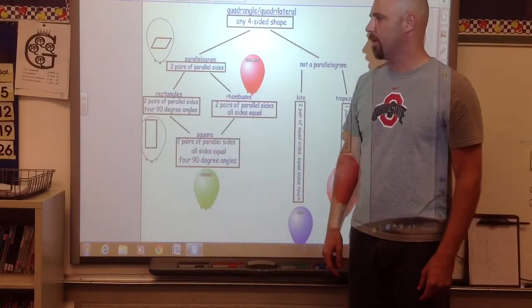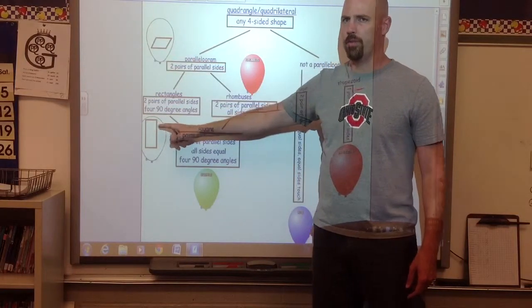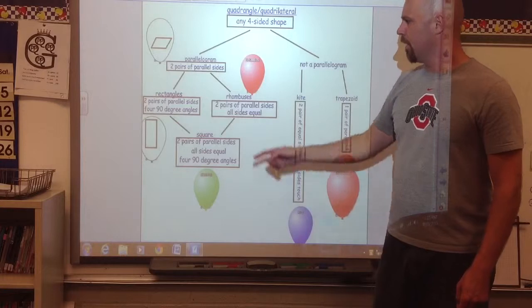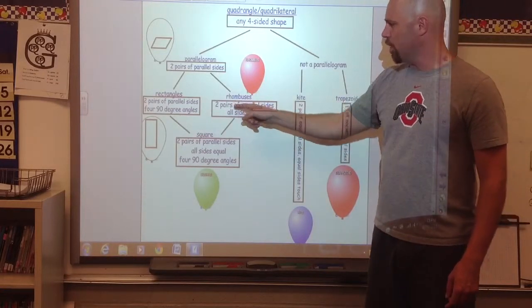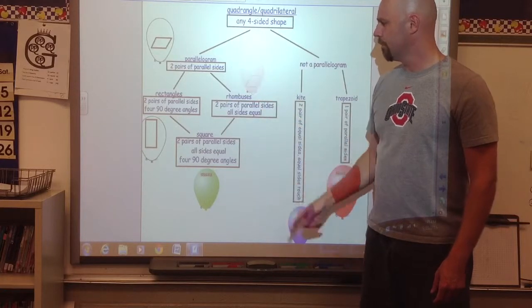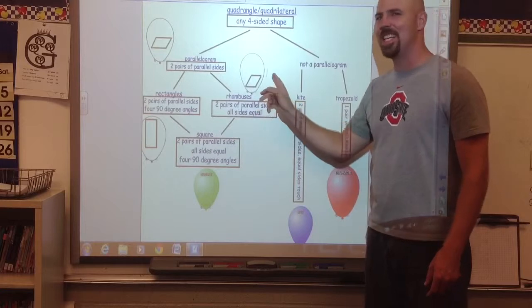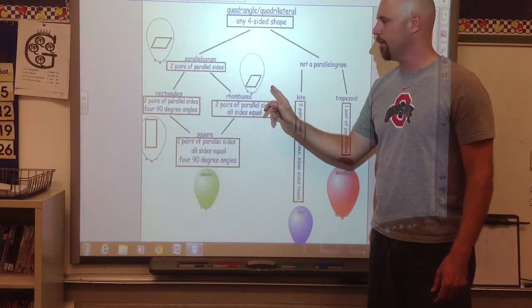And there's our rectangle. Looks a little bit like the parallelogram, but we've got that extra rule, four 90-degree angles. Now our rhombus here also has two pairs of parallel sides, but that rule is all the sides are equal. So I call this one, it's kind of like a leaning square. That's what it kind of looks like.